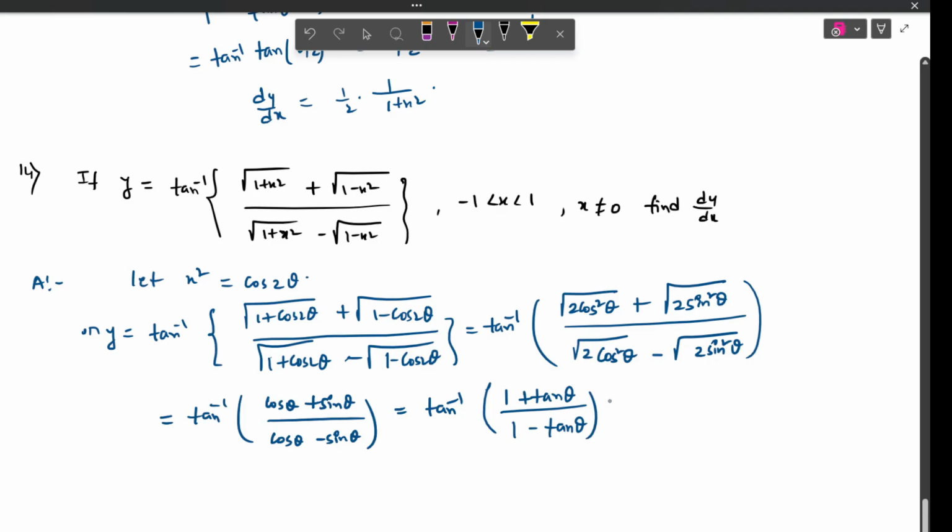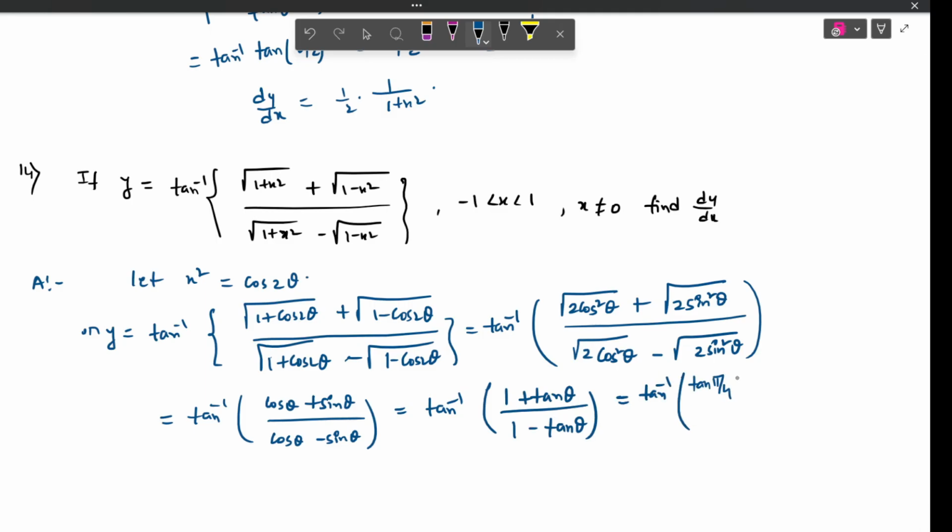Right? Now, this is in the format tan A plus tan B divided by 1 minus tan A tan B. Let's write it down. In place of 1, we can write tan pi by 4. This is tan theta. This is 1 minus tan pi by 4, which is 1, into tan theta.